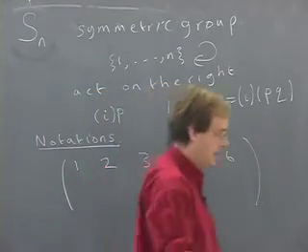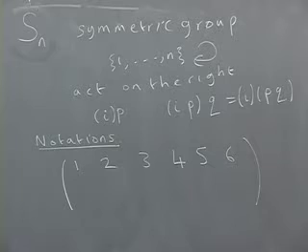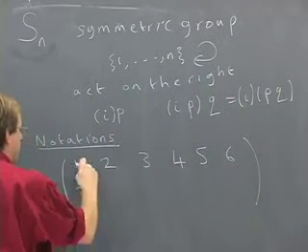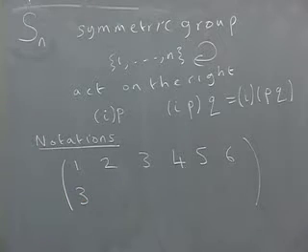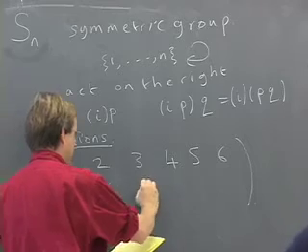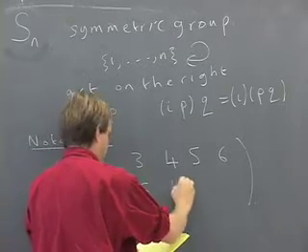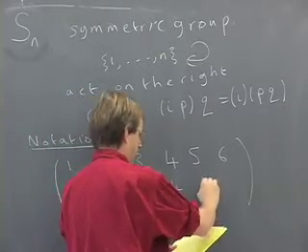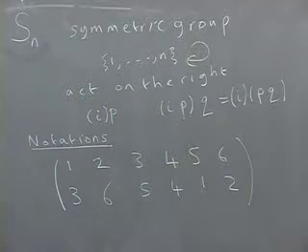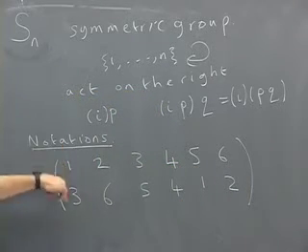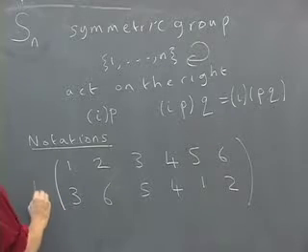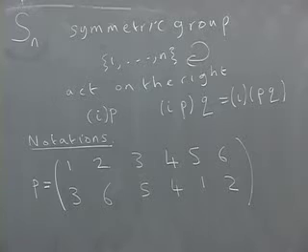So if I had an element of the symmetric group on 6 letters, which sent 1 to 3, I would write the 3 underneath the 1 to show that 1 goes to 3, and then we might have 2 to 6, 3 to 5, 4 to 4, 5 to 1, and 6 to 2. So this is the permutation that sends an element of this row to the element of that row. I'm going to be using that a lot, so let me call that particular permutation P.